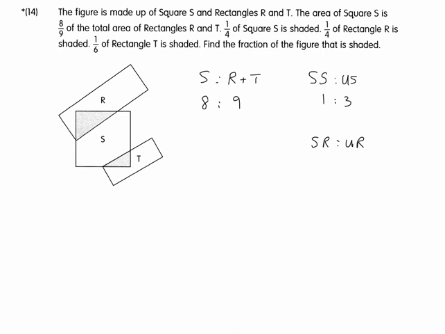Okay. Shaded would be 4 minus 1, right? Okay, lastly, I want to know the shaded part of T and the unshaded part of T. So what is the ratio, Xuan Wei? 1:5.